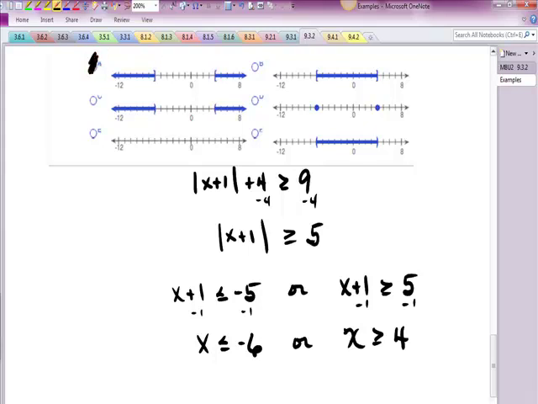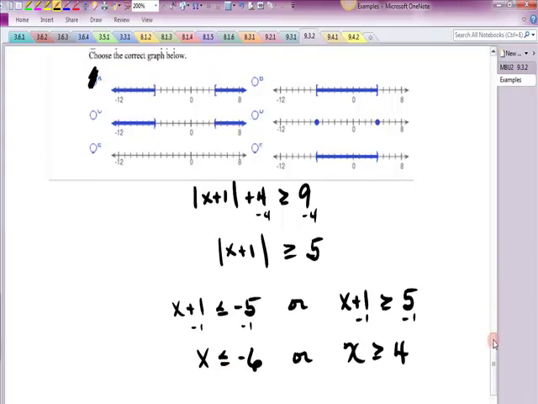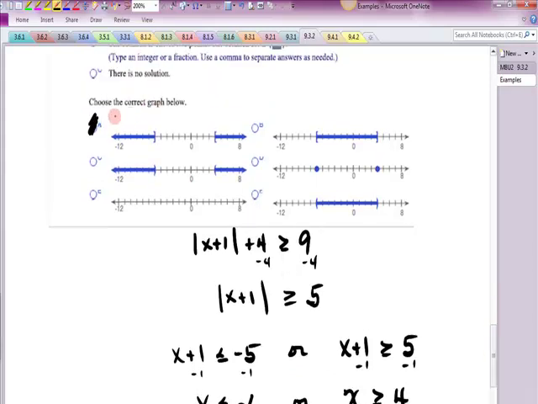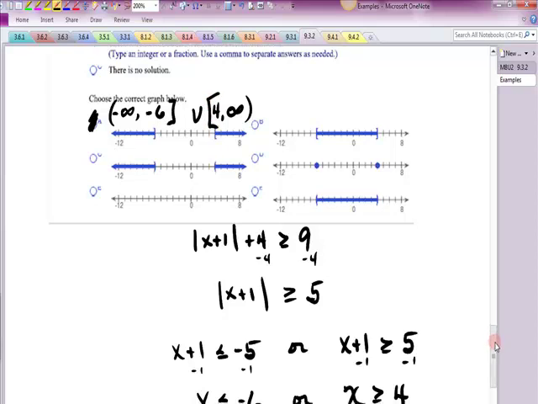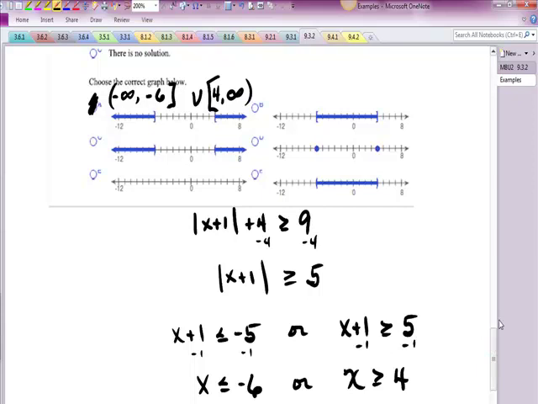It will be this one, brackets because of the equal. And as an interval, that will be negative infinity to negative 6, and that's bracket, union with 4 to infinity, once again bracket.